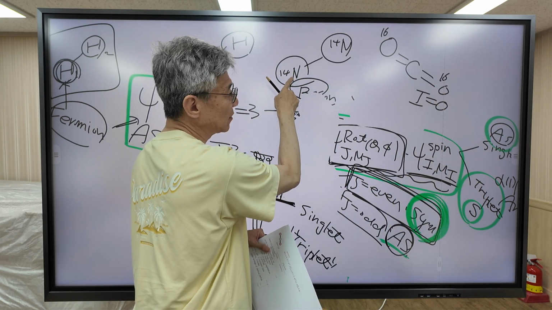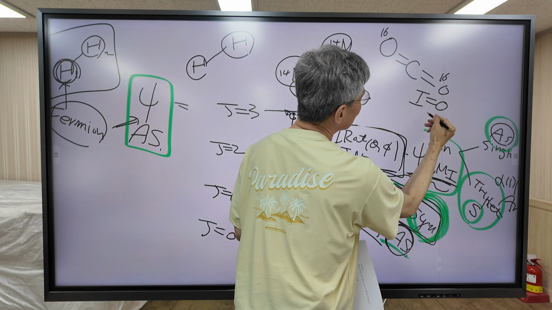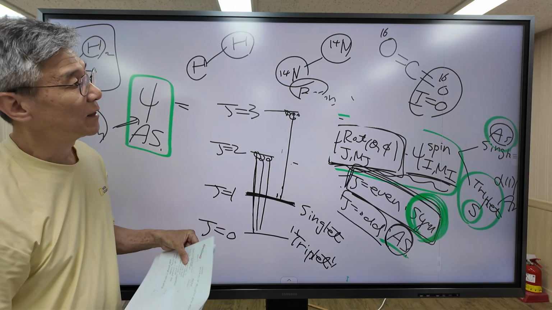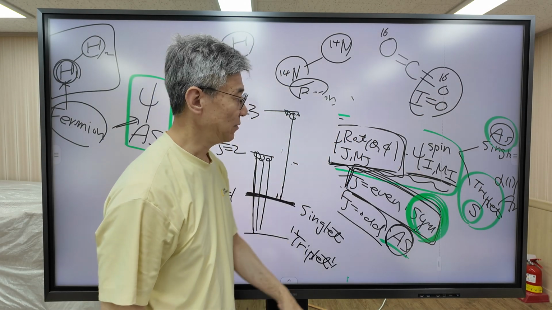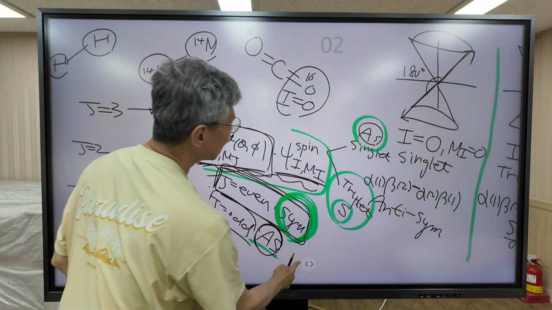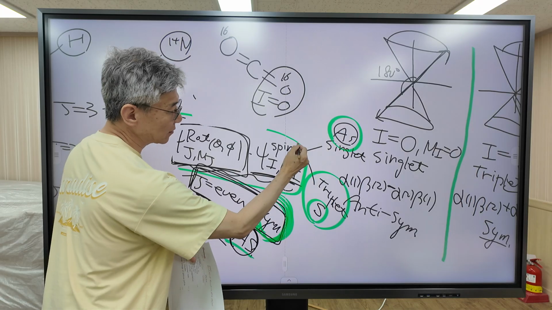Nitrogen is boson, oxygen is boson, but it is special type because I equals 0. It means that oxygen does not have spin. It means that oxygen doesn't have spin function.